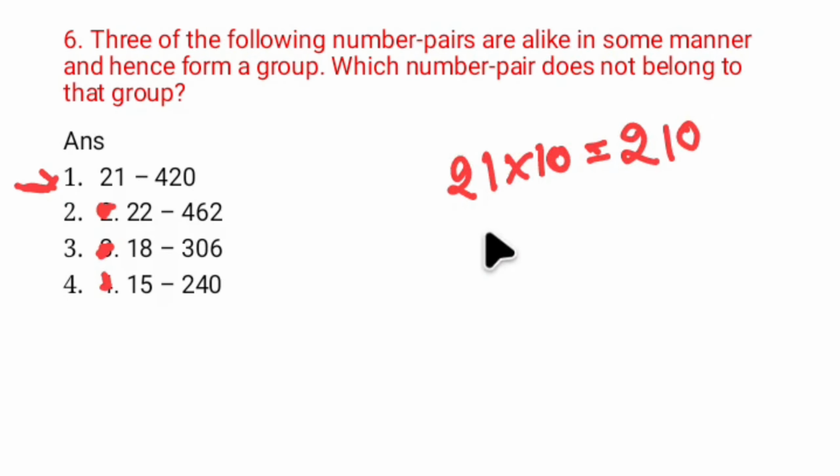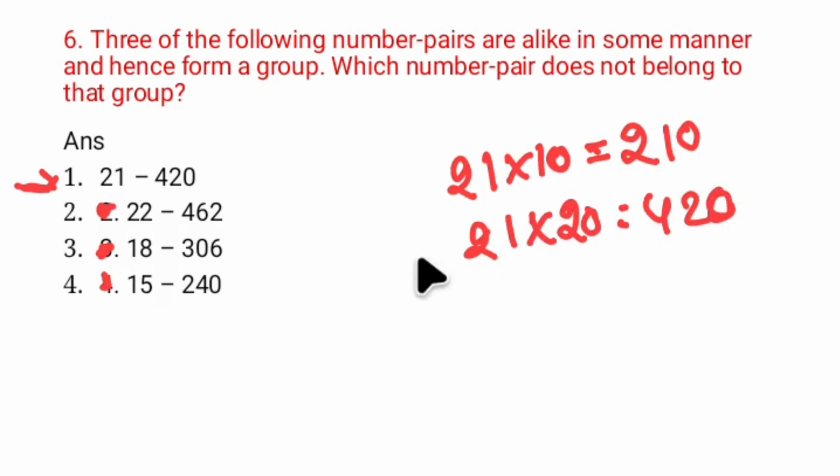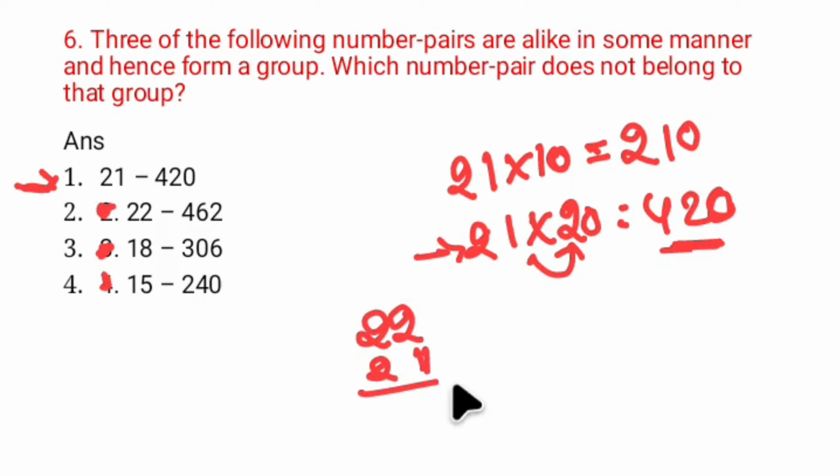So 21 multiplied with the preceding number, I got 420. In the same way, if I multiply 22 with 21, 2, 4, 2, 6, 4, 462. So this law may be applicable in this question.